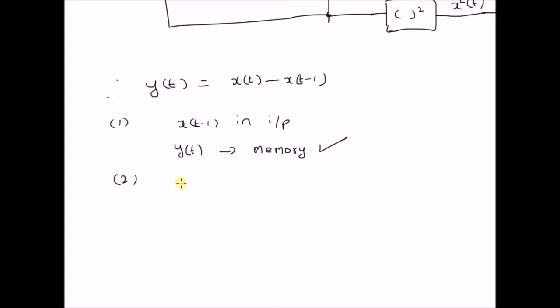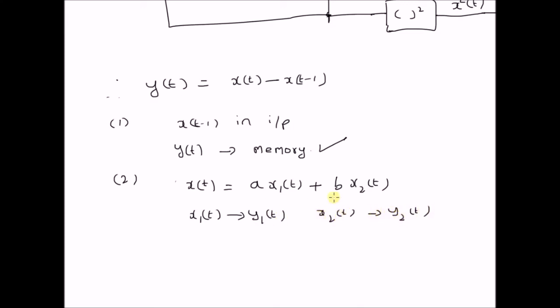That is, when you give an input x of t equal to a times x1 of t plus b times x2 of t, then the corresponding output for x1 of t is y1 of t, and for x2 of t is y2 of t. Then the output y of t is equal to, by substituting this value in x of t, a times x1 of t plus b times x2 of t.